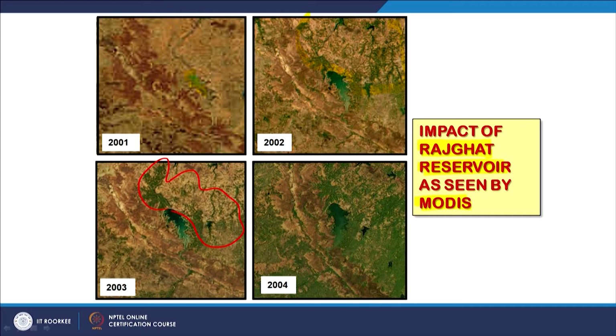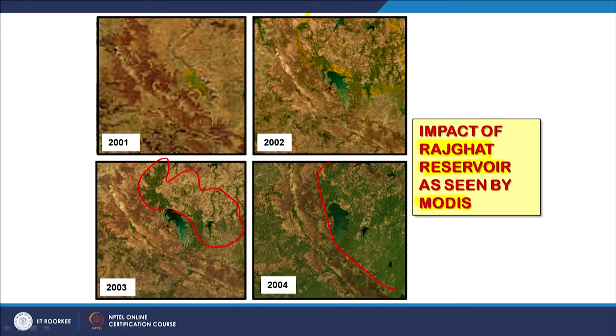So you do not have much effect of groundwater recharge induced by this reservoir there, but in the remaining areas you do. Just compare this large part with 2001, where there was hardly any growth of vegetation.